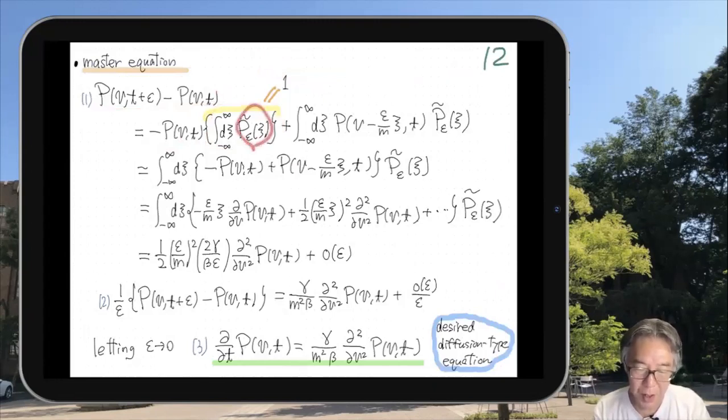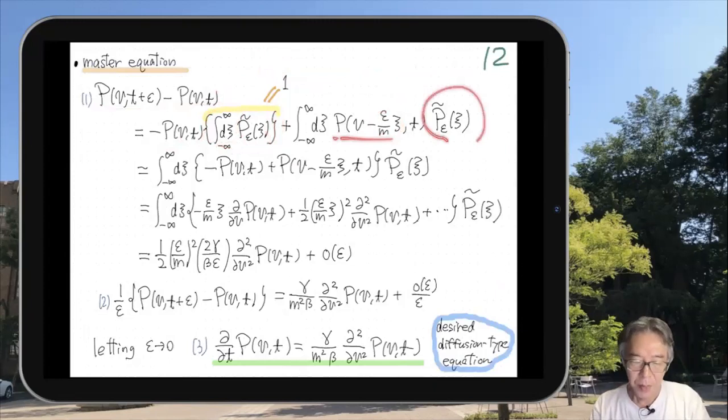And this is a weight, but by normalization, this is 1, since the Gaussian is normalized. And now this is the coming-in part. Your v was this at time t, you add epsilon over m psi, and it jumps into v. And this is a weight. Since this is 1, you can rewrite this like this.